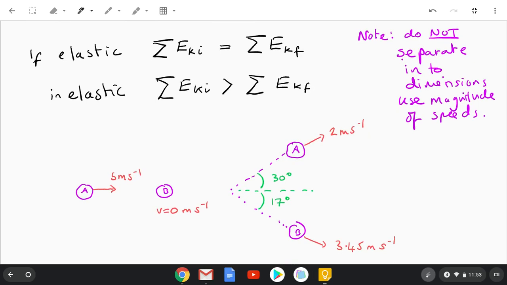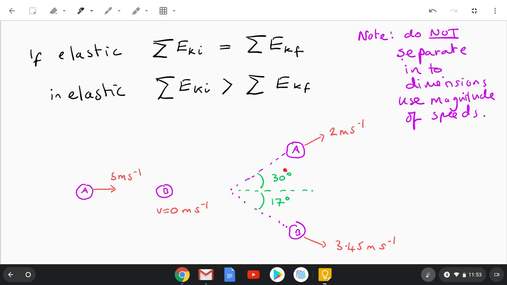Now, notice on this diagram I have not split into x and y components. Energy is not a vector, so we must use scalar values. Here we have the overall speed of 2 meters per second, the overall speed of 3.45, which we calculated.